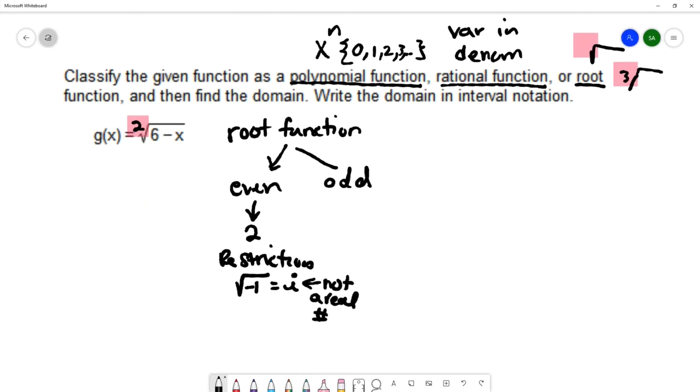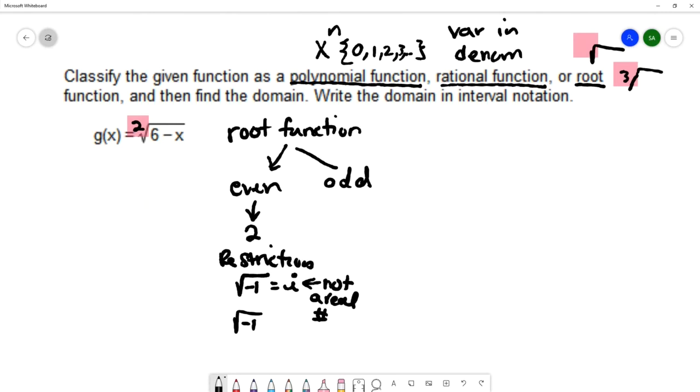There is no real number that would make this true, square root of -1. So having a negative underneath the radical is a restricted value. And so that helps us find the domain of this function.